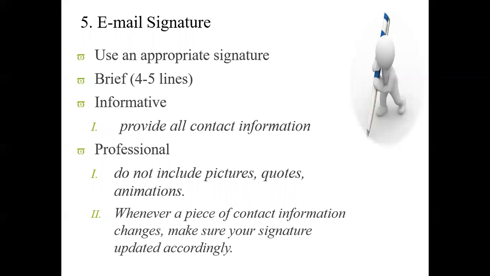And if you are talking about more professional and more business oriented email signatures, you should not include pictures or quotes or animations. And whenever a piece of contact information changes, make sure your signature is updated accordingly, because it is essential to keep things updated rather than making people contact you on your previous contact information and causing you as well as themselves unnecessary trouble.